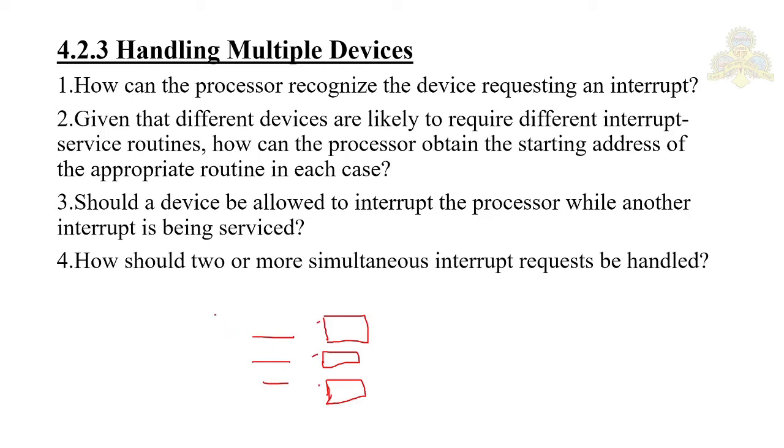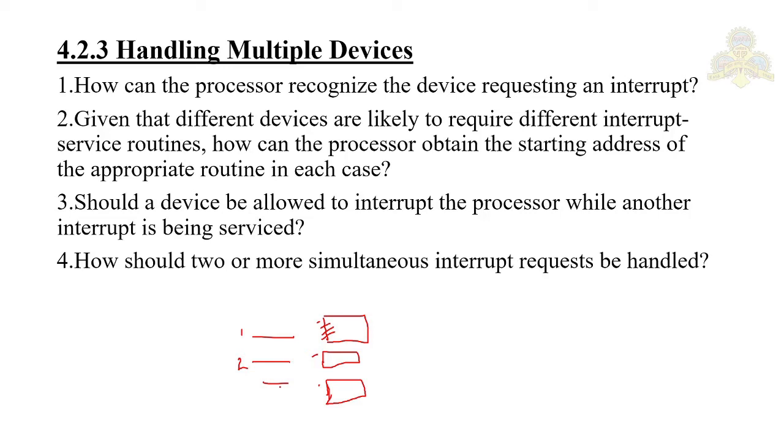Then the third one is, should a device be allowed to interrupt the processor while another interrupt is being serviced? That means, suppose device 1 has raised an interrupt and its interrupt service routine is being executed. At the same time, device 2 raises an interrupt. Then what will happen in this case? Should the processor interrupt this execution and move on to this one?